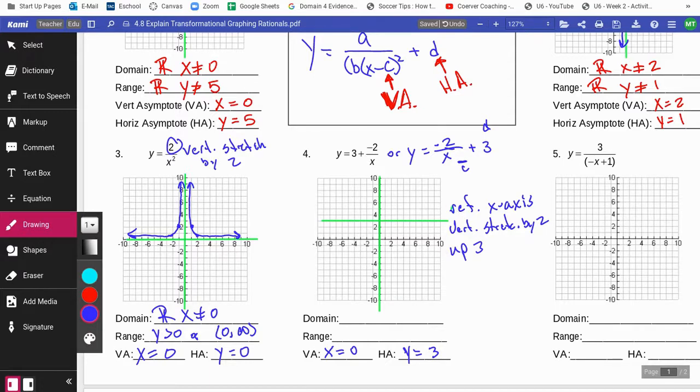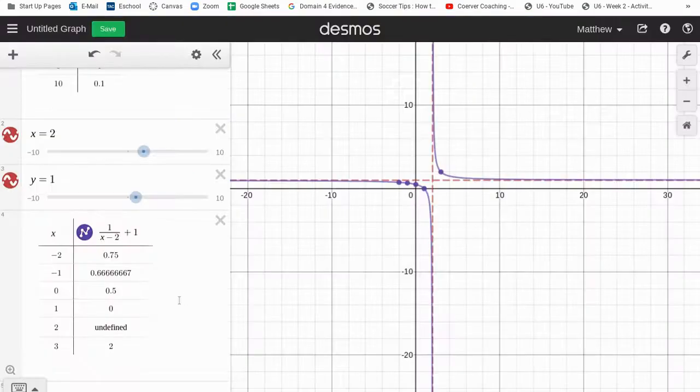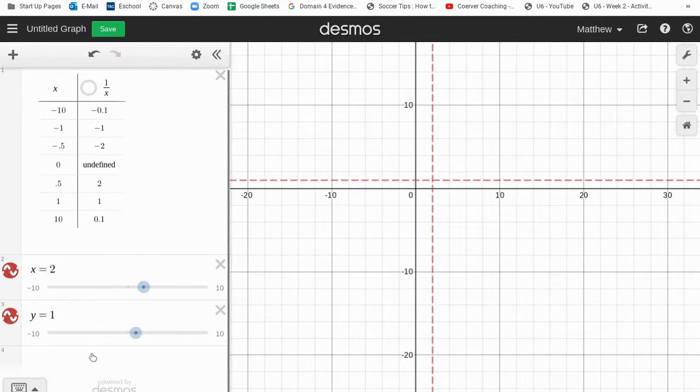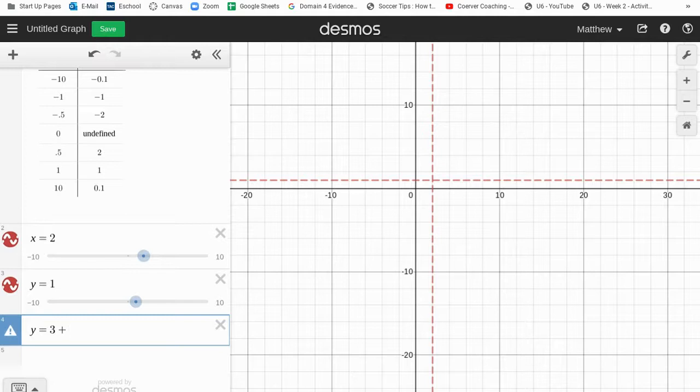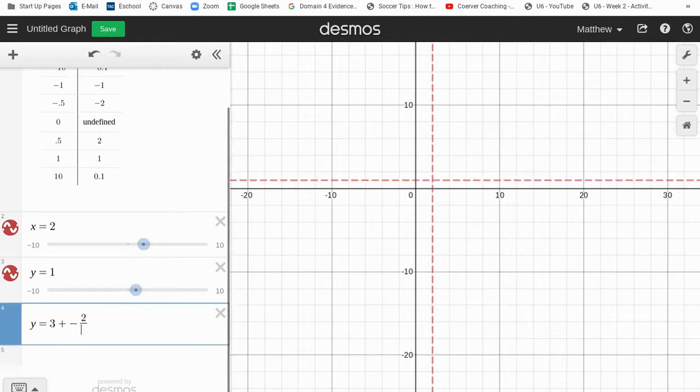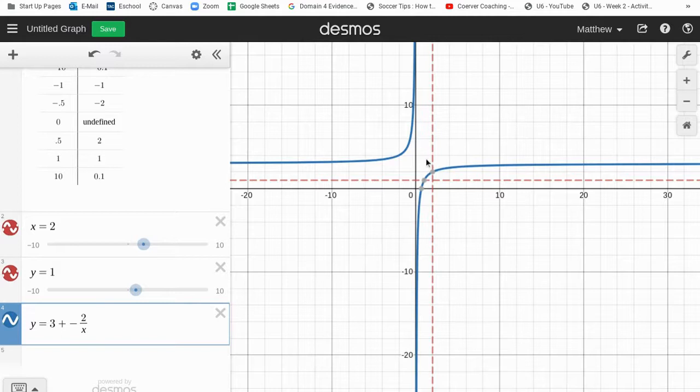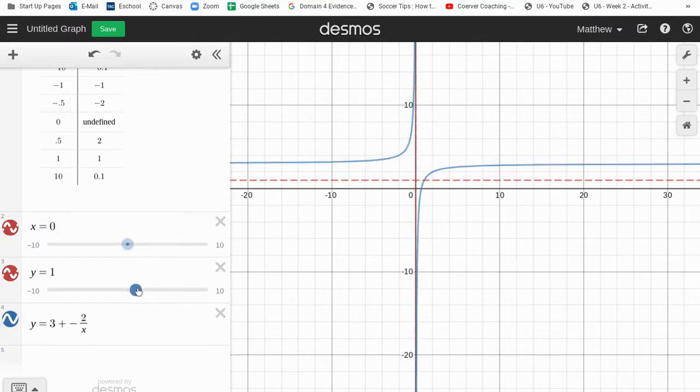So let's see what that looks like. I can plug in either one. I'm going to plug in this original equation, so I get rid of that one. Again, y equals 3 plus -2 divided by x. And here is my graph. I need to adjust my VA. It goes to 0, so we were right in that aspect. And my HA should be at 3, and it looks like we were right in that aspect as well. So there's my VA and HA.